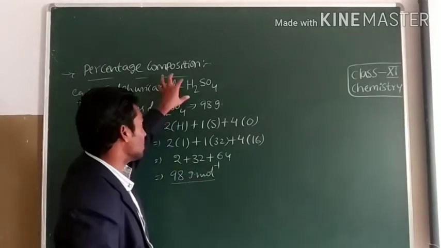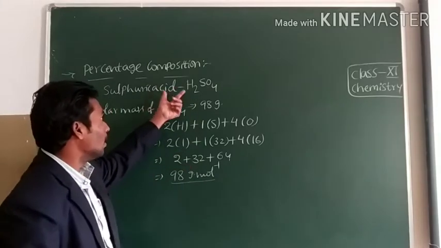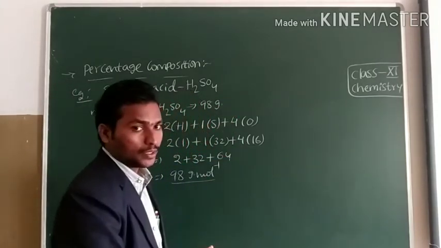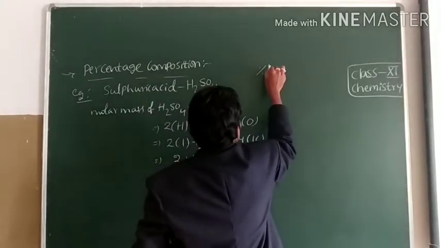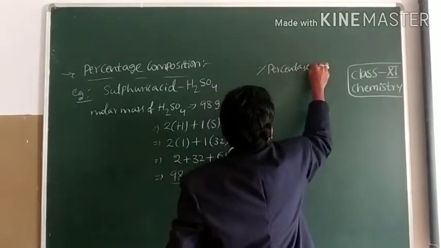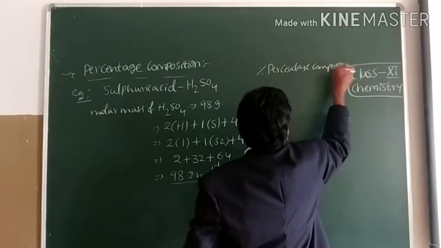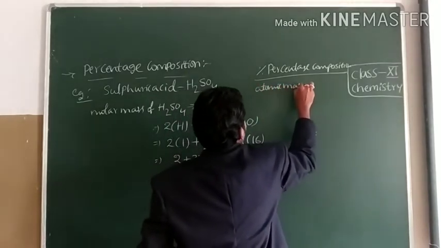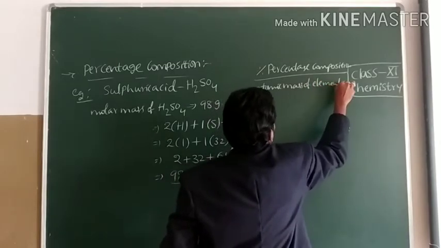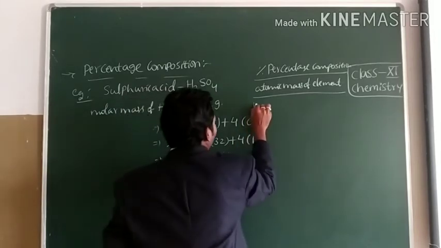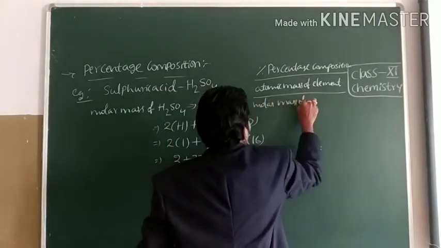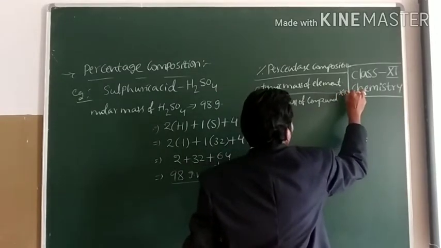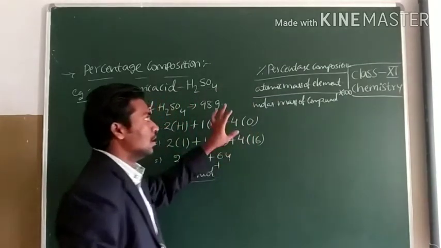If you want to find out the mass percentage of an element in the compound, it is the ratio between the mass of the element and the molar mass of the compound, multiplied by 100. The formula of percentage composition is: percentage composition equals atomic mass of the element by molar mass of the compound or molecule, which must be multiplied by 100. This is called percentage composition.